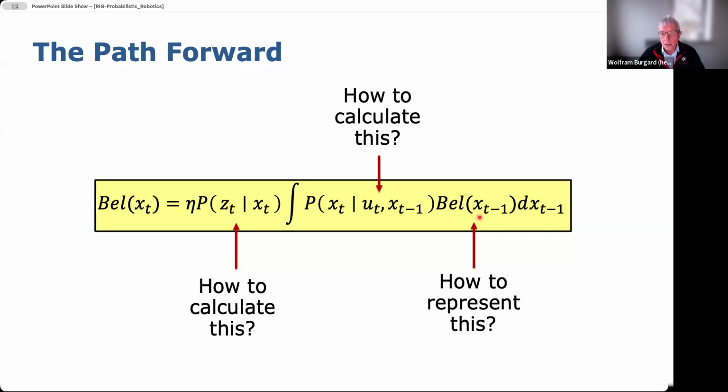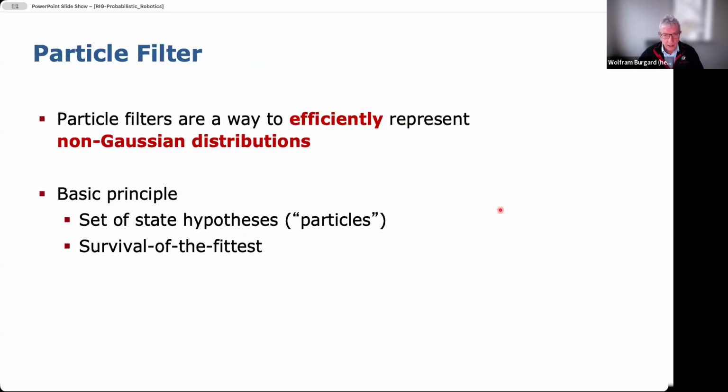The one implementation that I want to show you today is the so-called particle filter, which represents this function by a set of hypotheses. But there are other ways as well. As I said, Gaussians, you can also go to discrete approximation. All of this is possible. The particle filter is a way to efficiently represent non-Gaussian distributions.